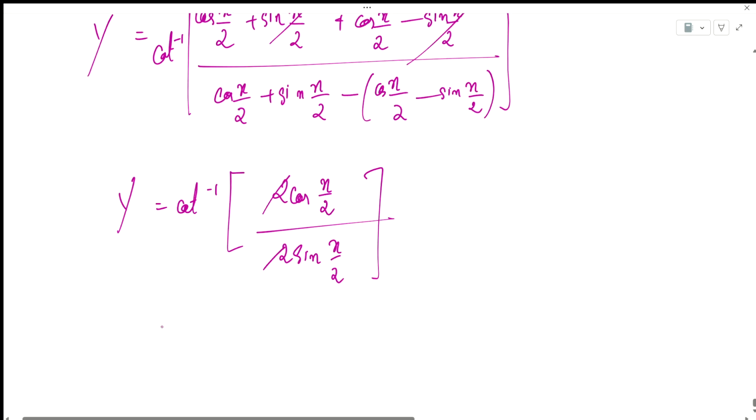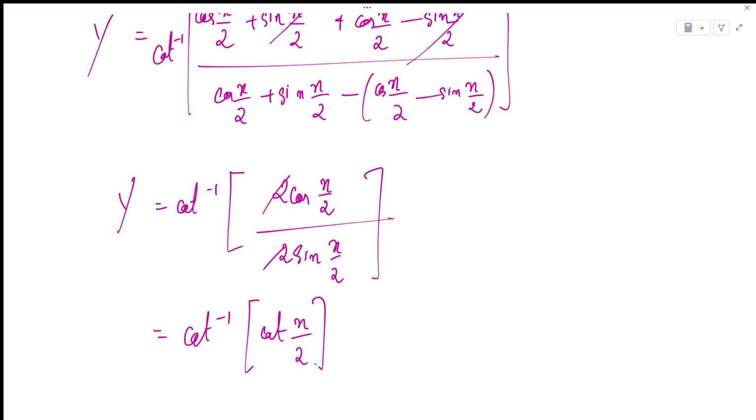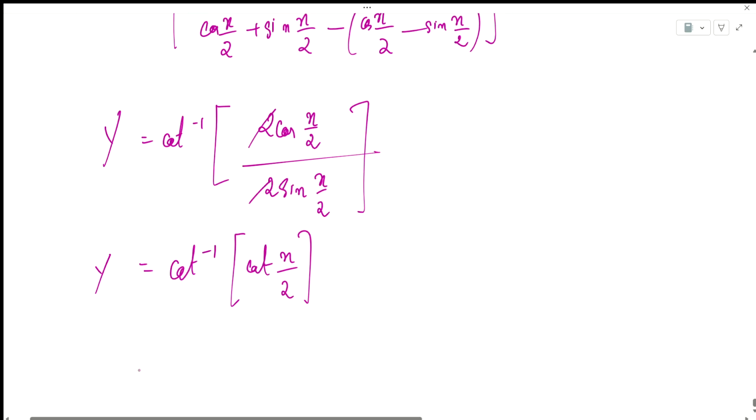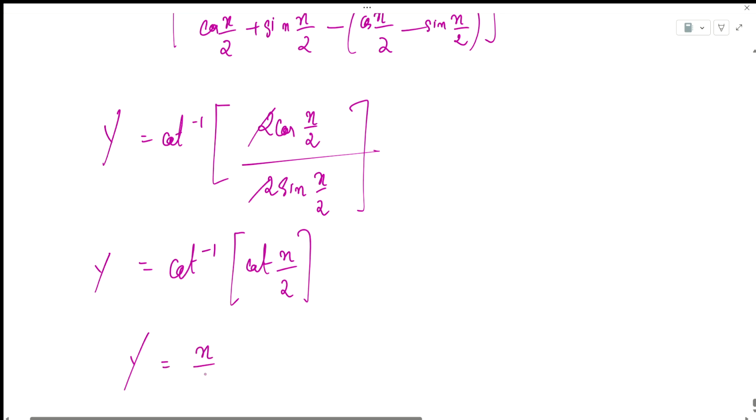So this will be cot inverse of cot x by 2, which gives me y is equal to x by 2. So now dy by dx is simply going to be half. So this is the answer to the question.